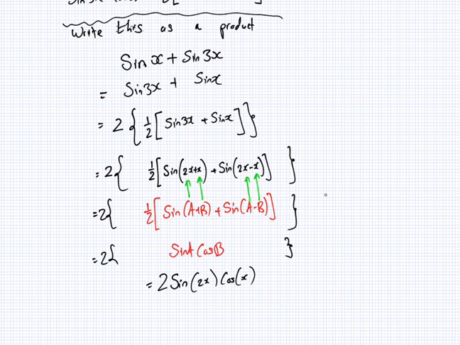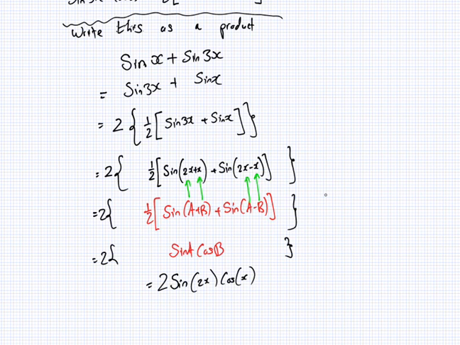A few moments ago, I said you might want to use this rule to change a multiplication into addition to make integration easier. Can you think of a situation when you want to do this? When might this be helpful? If this equation is equal to this.